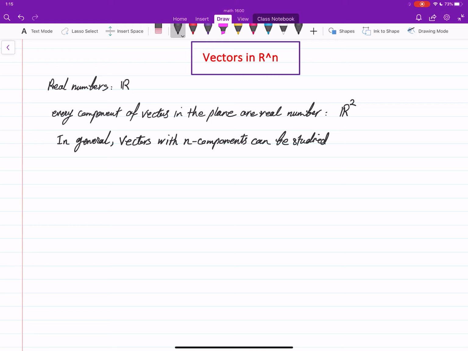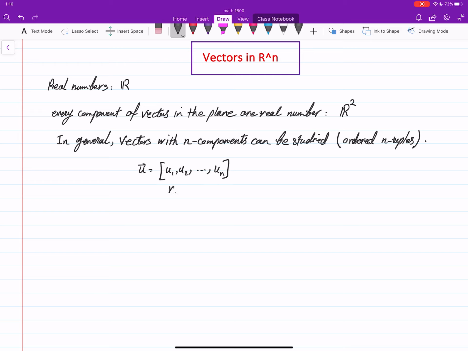Remember that the order of the components is important: they have the first one, the second one, and so on. So we are going to study the ordered n-tuples, something like this: u1, u2 up to un.